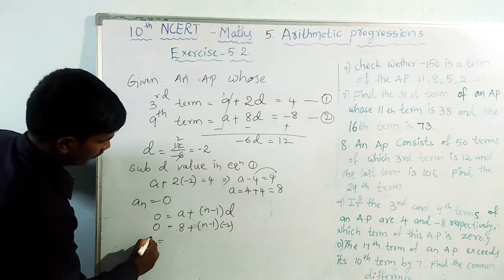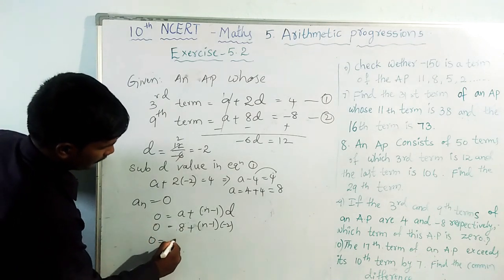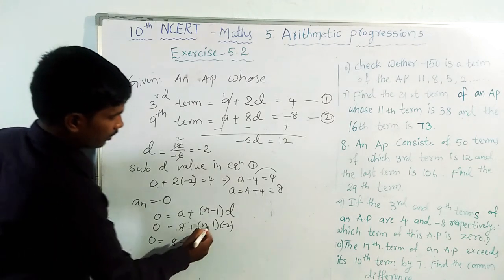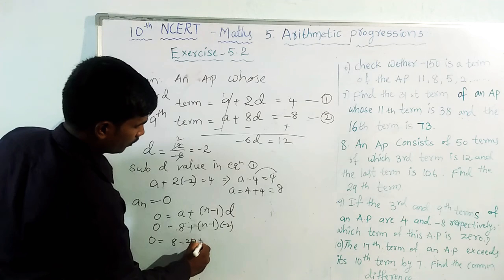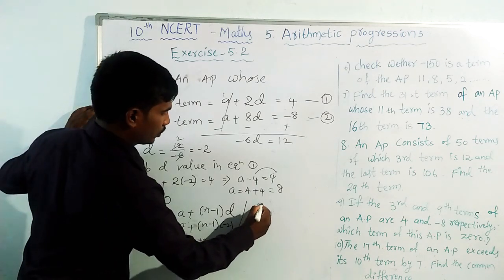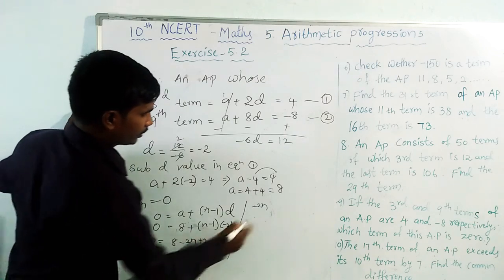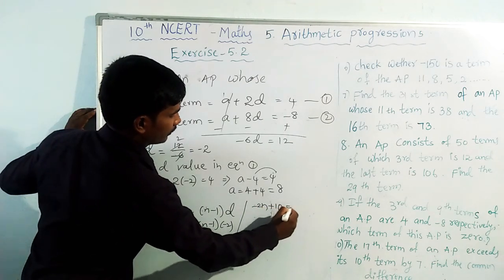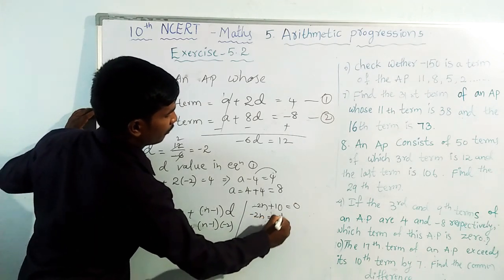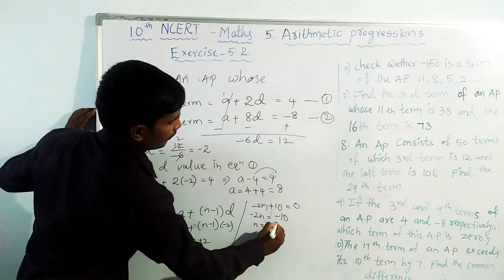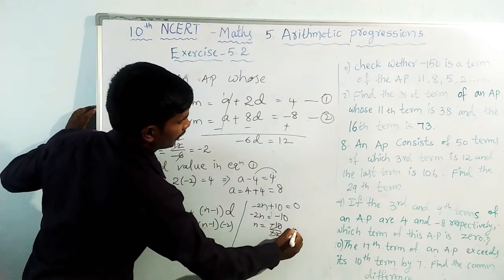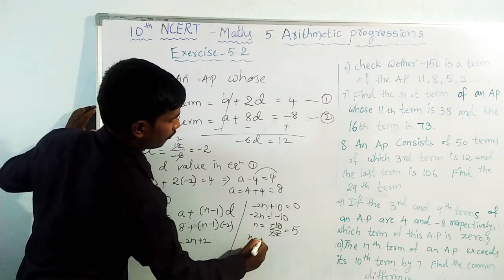Yes. 8 plus n into minus 2, minus 2n, minus 1 into minus 2, plus 2. Yes, 8 plus 2, minus 2n is equal to 0. Yes, minus 2n is equal to minus 10. n is equal to minus 10 by minus 2. Minus 2 fives are minus 10. So n is equal to 5.